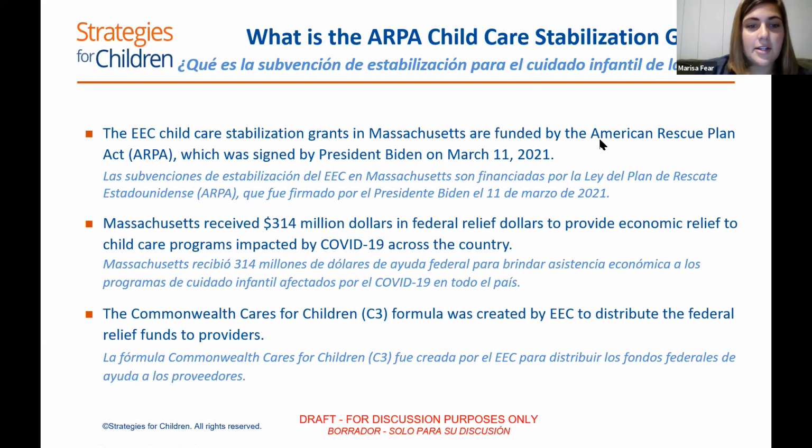The Department of Early Education and Care developed the Commonwealth Cares for Children, C3, formula as a way to distribute these federal relief funds to providers, because prior to this, we have never had a mechanism in our state to get money out to all licensed childcare providers in Massachusetts. So this is the first time for everyone.